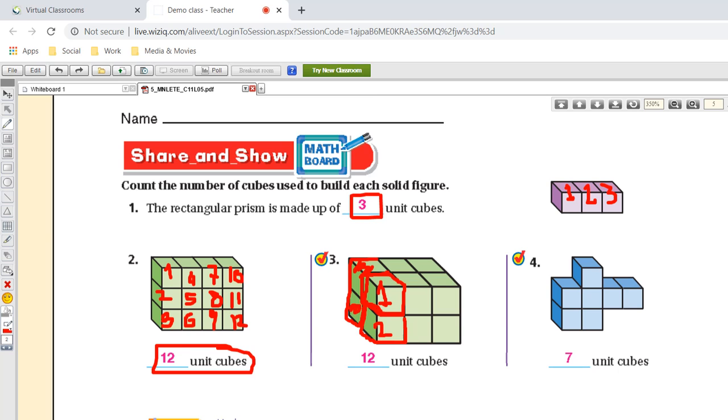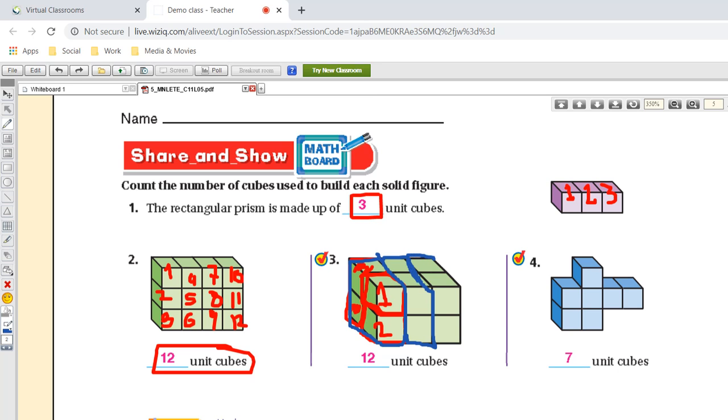1 row equals 4 cubes. We have another row here, so it will be the same number as the first row, which is 4. So 4 plus 4 equals 8.